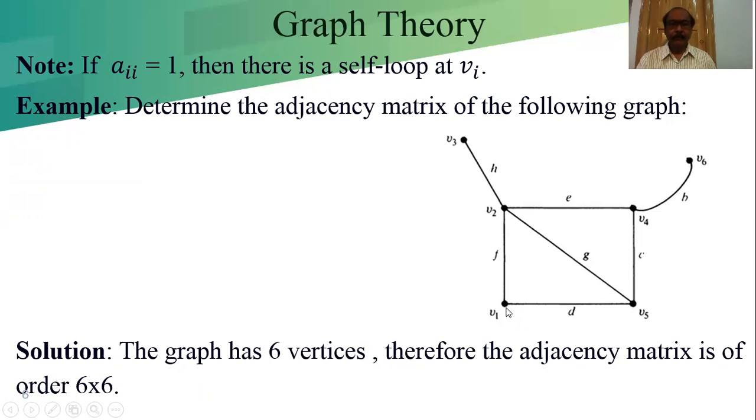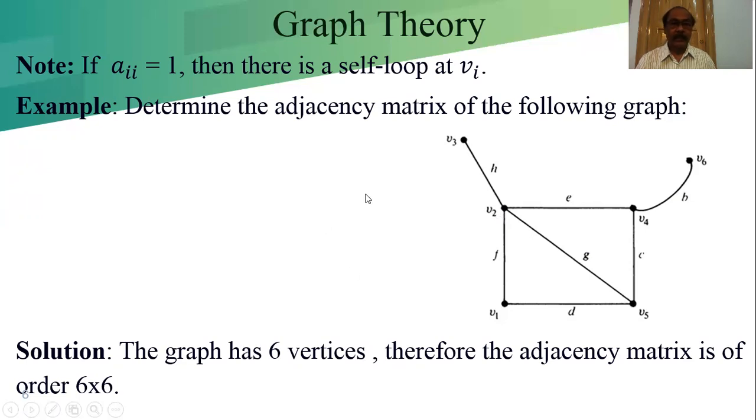First, V1 is connected to V2 and V1 is connected to V5, so A12 equals 1 and A15 equals 1. On the other hand, V2 is connected to V1, so A21 is equal to 1. V5 is connected to V1, so A51 equals 1.